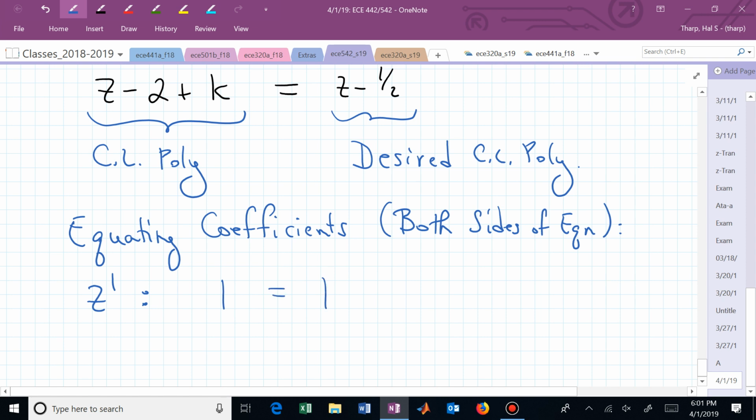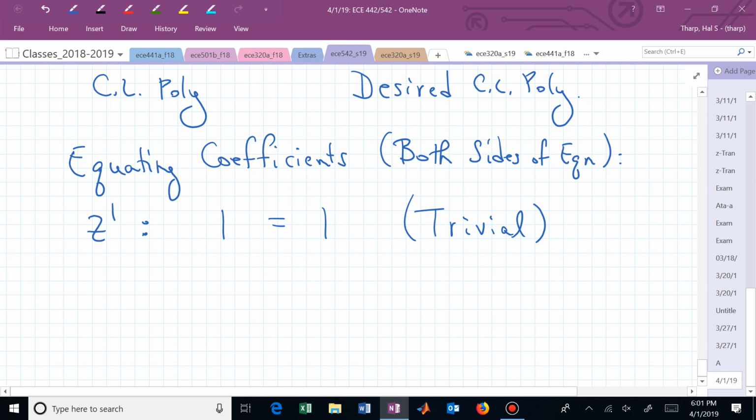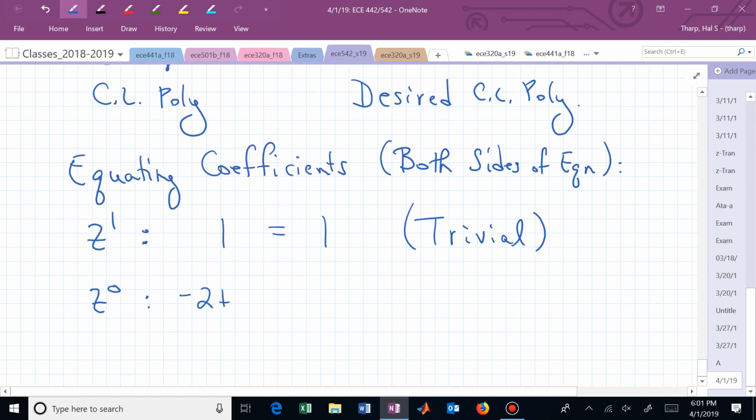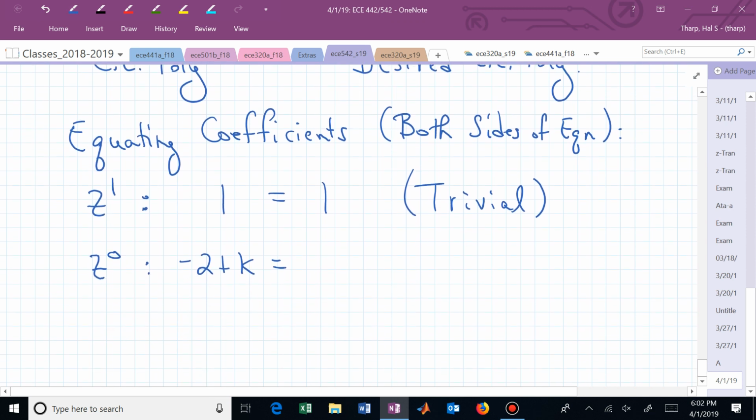So that's trivial, this particular comparison, because those polynomials were both assumed to be monic, meaning they had a coefficient of 1. That's a trivial result. In general, we may have to compare all of the different coefficients. If we now look at z to the 0, on the left-hand side we have minus 2 plus k, and on the right-hand side we have minus 1/2.